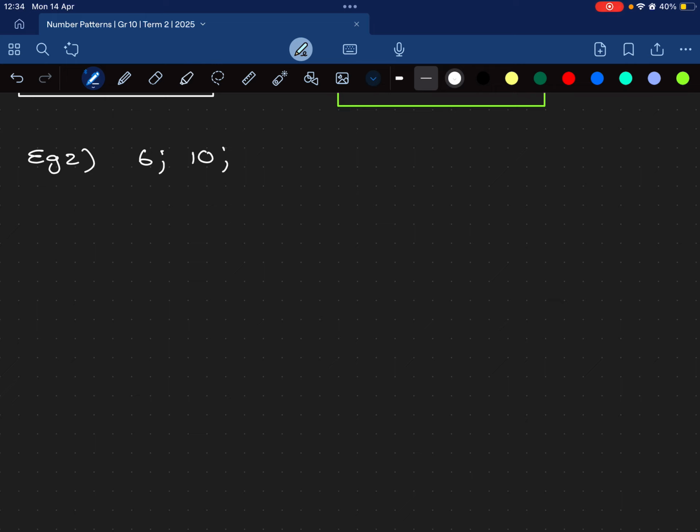So we have 6, 10, 14, 18, and so on. So the first thing I want you to do is write down the next two terms. So pause and figure out what the next two terms will be, and then from there we'll continue.